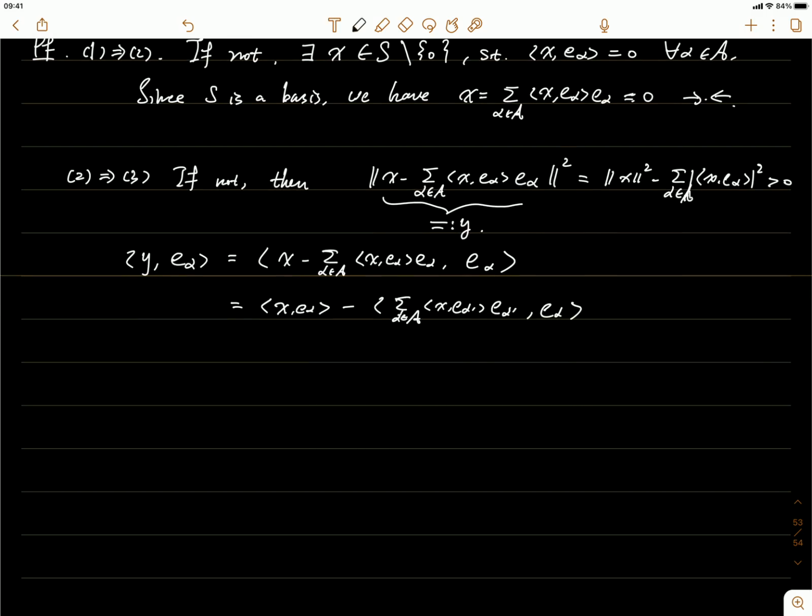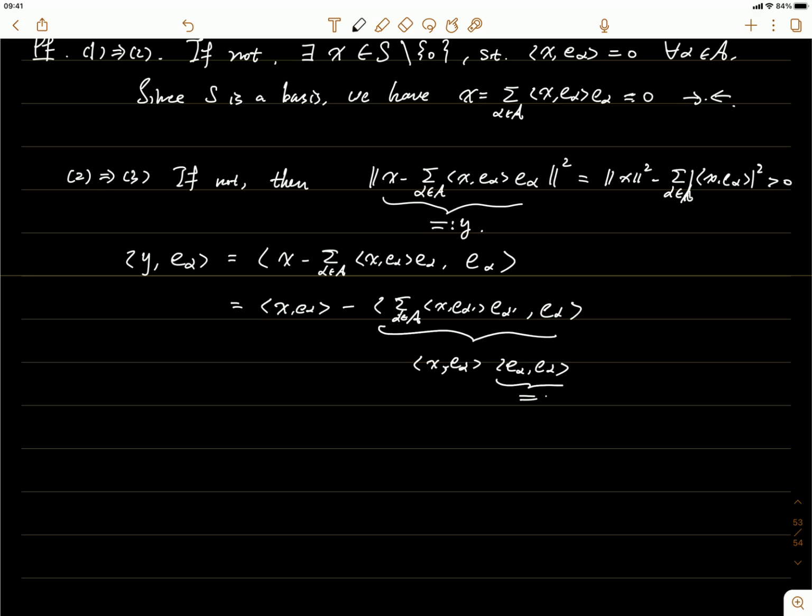Because all these e_alpha are orthonormal, only one term of this sum is non-zero, and that term is just <x, e_alpha> times <e_alpha, e_alpha>.